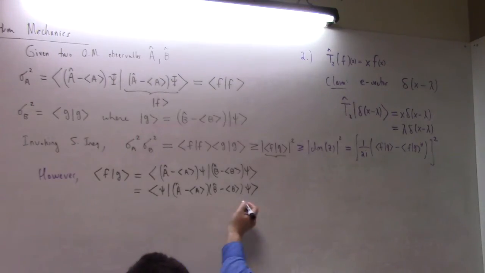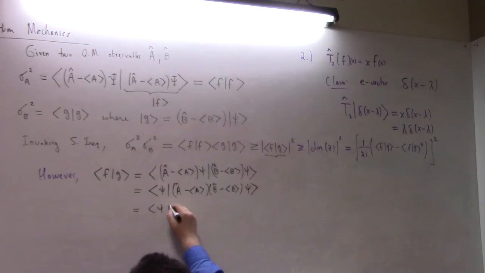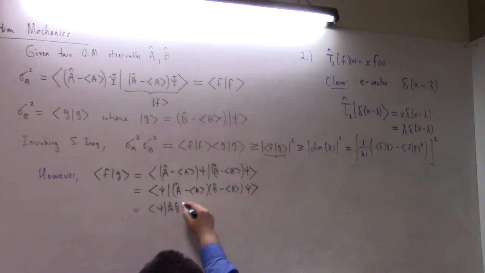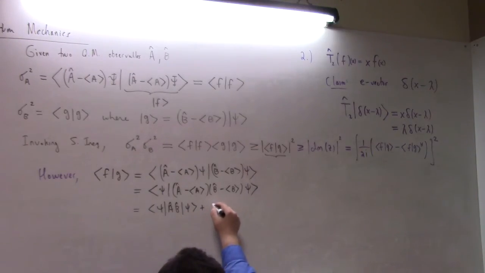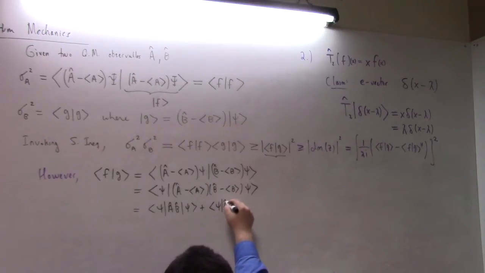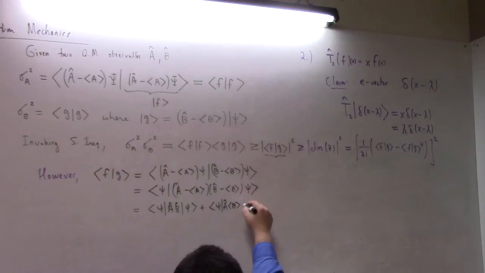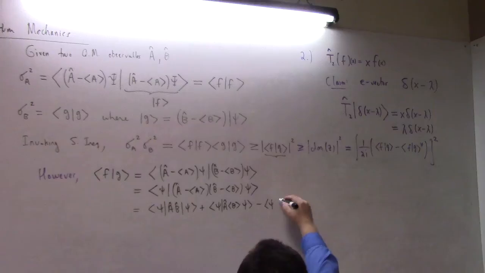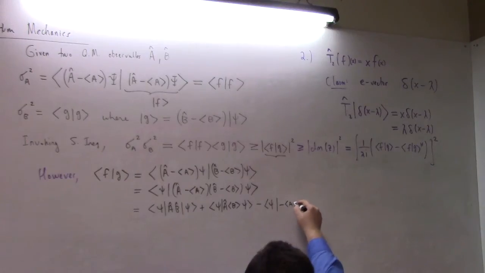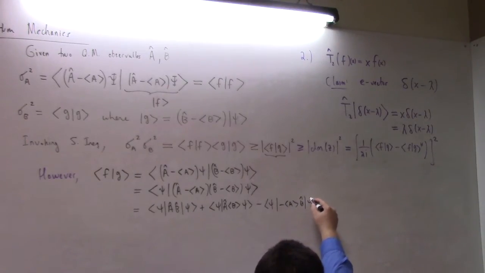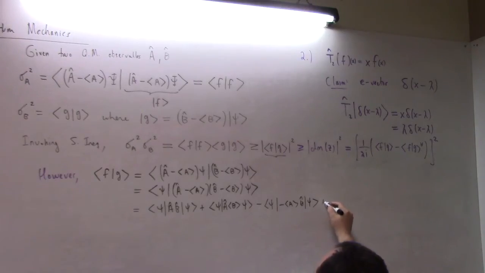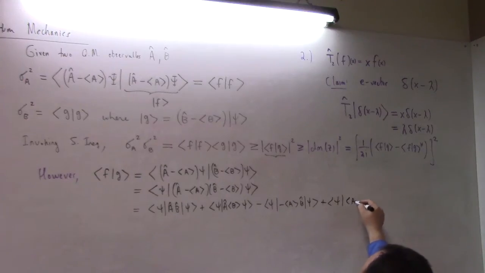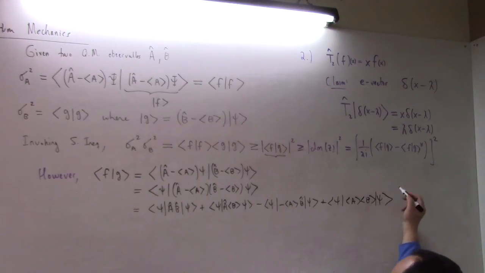And then distribute, all right? So we get psi, A hat, B hat, psi, plus psi A hat, expectation B, psi, minus psi, expectation A, B hat, psi, and then plus psi, expectation A, expectation B, psi.